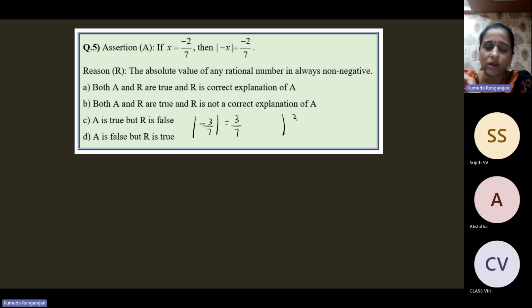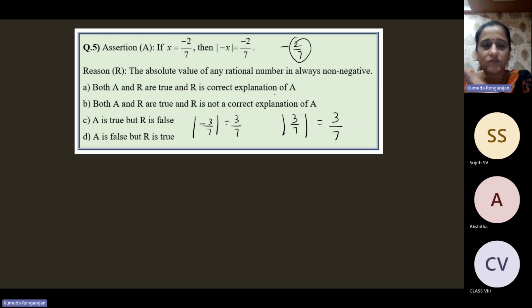The absolute value of 3 by 7 is 3 by 7. Absolute value of a rational number is the numerical value regardless of the sign. Don't take the sign into consideration. Just see the numerical value. The absolute value of minus 2 by 7 is 2 by 7.